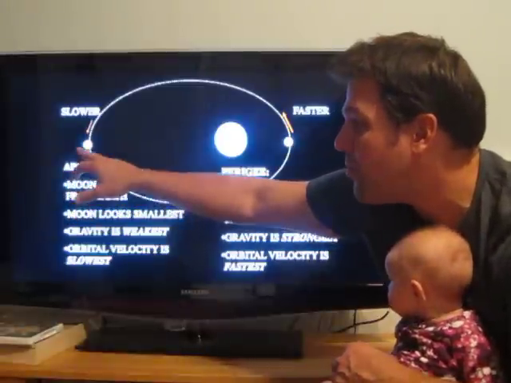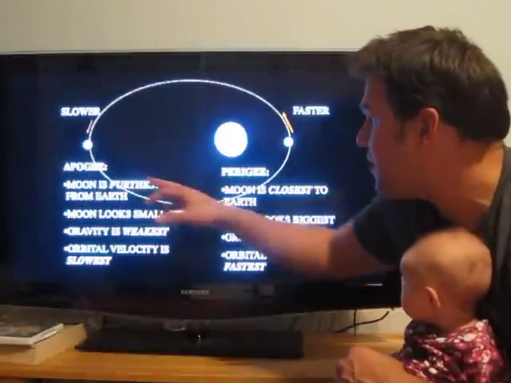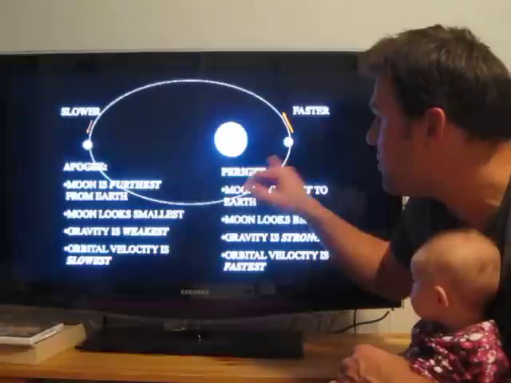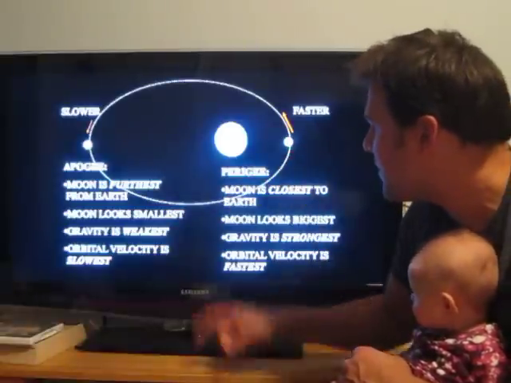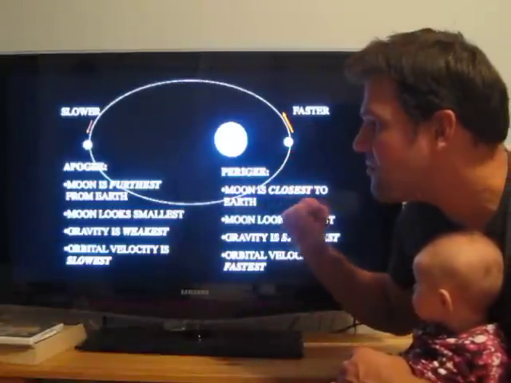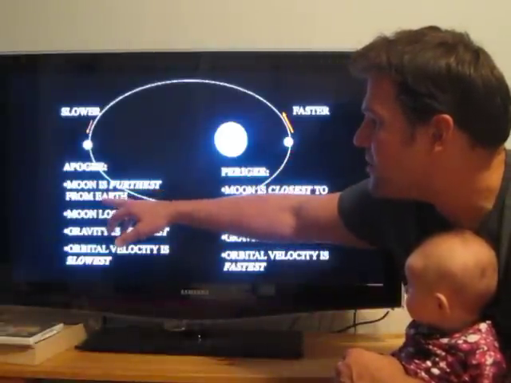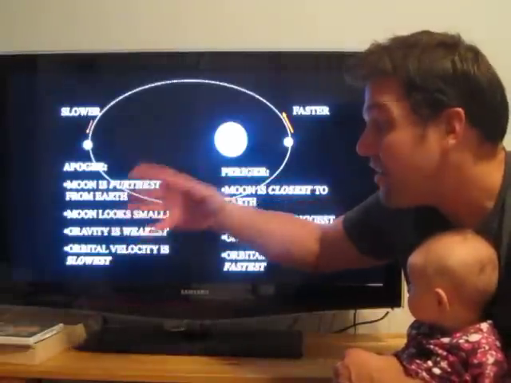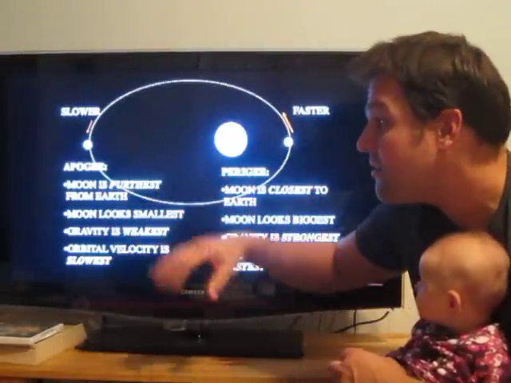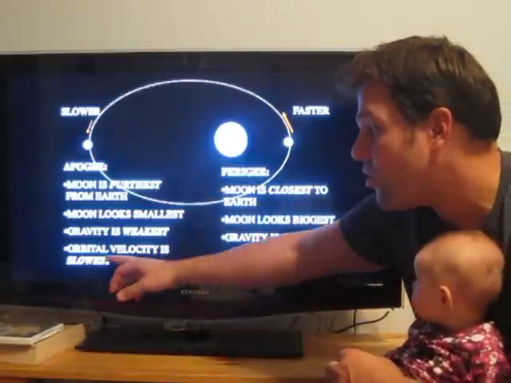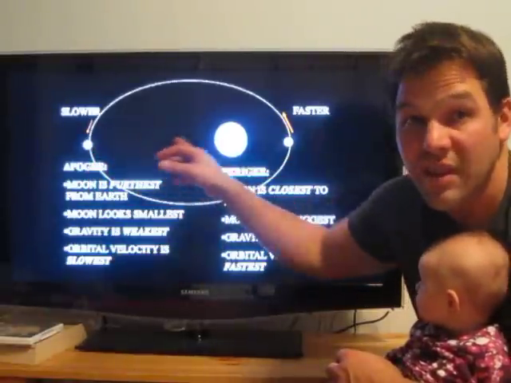And when the moon is closest, it's called perigee. When the moon is furthest from the Earth, that's when it's going to look smallest in the sky. Again, the gravity is the weakest, and so the orbital velocity of the moon will be slowest in that position.